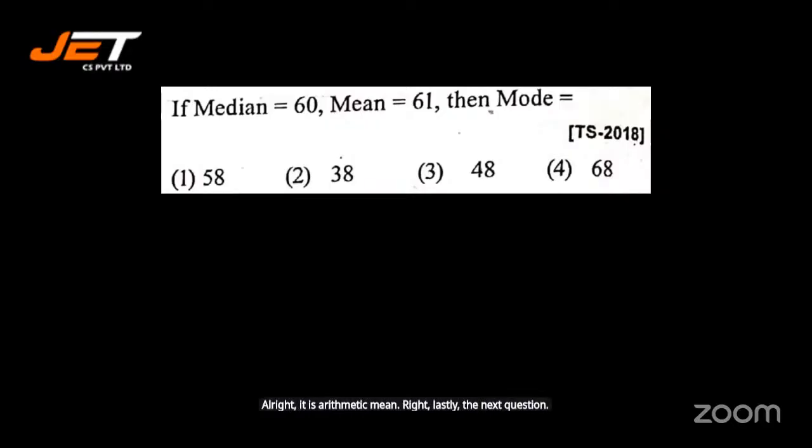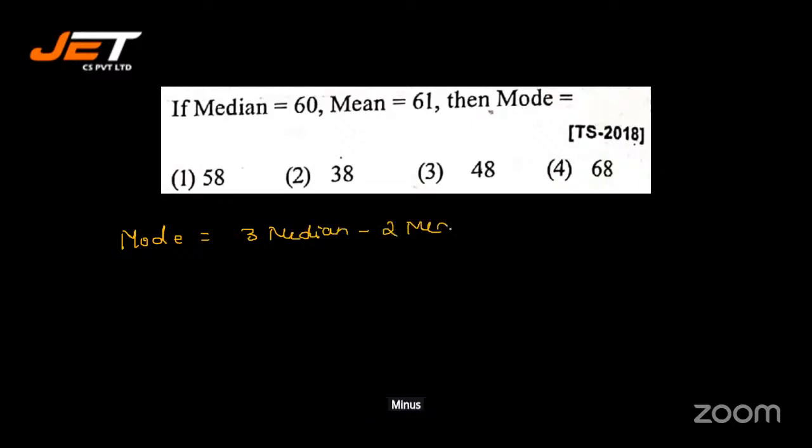If median is 60, mean is 61, what is mode? So we already saw the formula, one formula which connects all these three. Isn't it? So what was that formula? It is nothing but mode is equal to 3 median minus 2 mean. All right, so 3 median minus 2 mean.